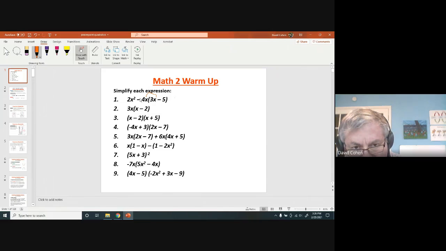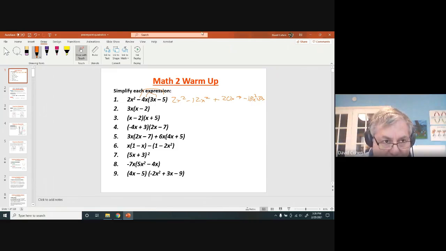The negative 4x is also distributed to the 5, and we'll wind up with 2x squared minus 12x squared plus, that's two negatives equal a positive, 20x, and we'll wind up finally with negative 10x squared plus 20x. Let me try to write a little bit smaller.